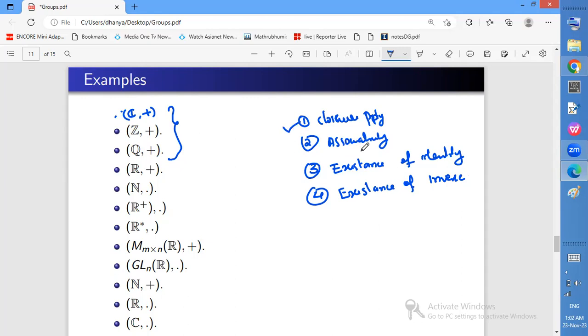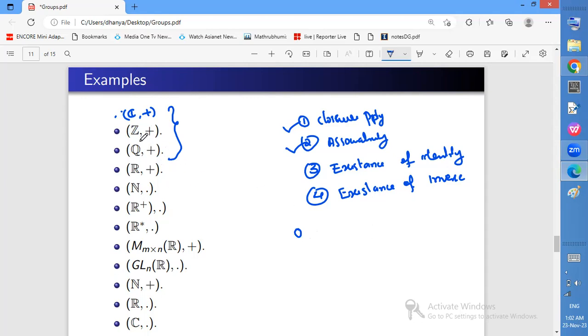The second one is associativity. We already know the addition of numbers is always associative. So the second property is also straightforward. And what's the third property? It's about the existence of identity element. What will be the identity element? For all of these binary structures, we know that 0 belongs to the corresponding set.